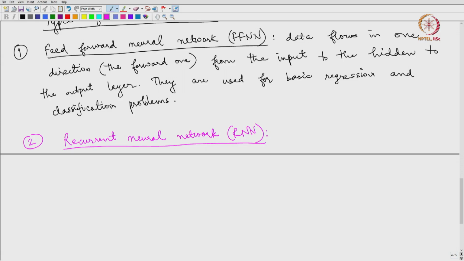Or if you are trying to write the structure of a molecule in a generative model, then again a recurrent neural network is very useful, because if you represent a molecule as a structure, then as you add more and more atoms, the atoms that were added previously will affect the property of the molecule.